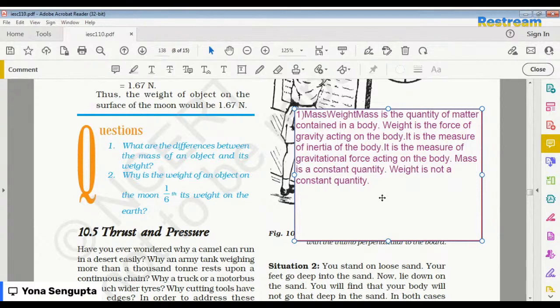Mass is a scalar quantity, while weight is a vector quantity. Mass's SI unit is kg, and the SI unit of weight is Newton. Okay, mass is never zero, and weight is zero at the center of the earth or in free space.